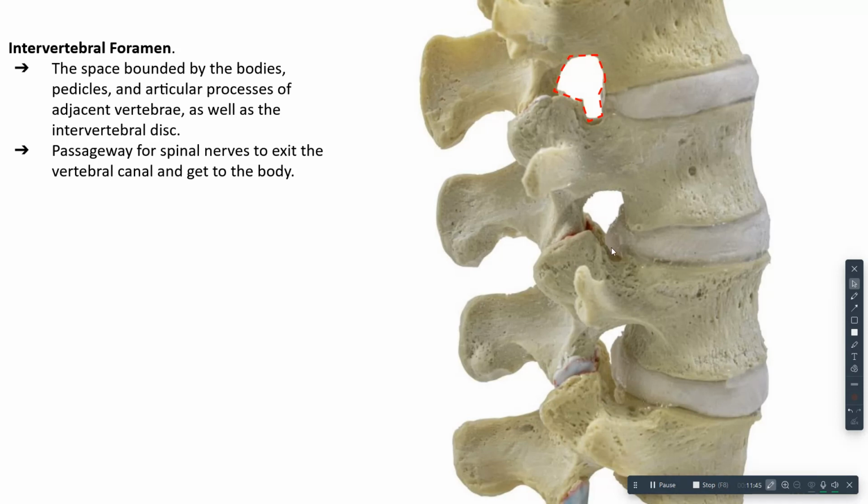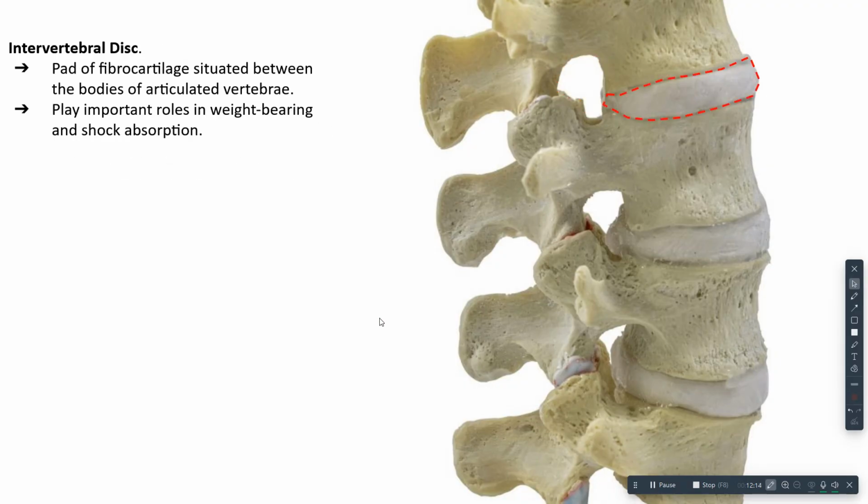But now when I put a vertebra below it, it's less of a notch. It is more of a hole between vertebrae. And that hole between vertebrae is called the intervertebral foramen. And this is an exit point for spinal nerves. So spinal nerves will come out of here. Spinal nerves, of course, are attached to the spinal cord. And they're going to come out of the intervertebral foramina.